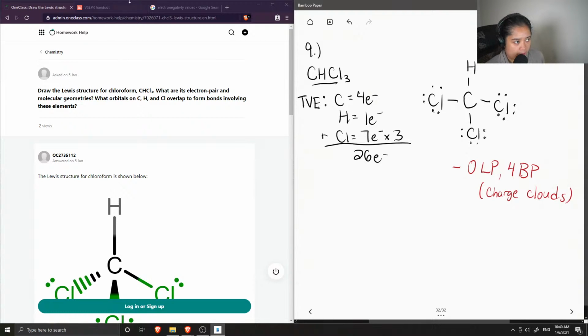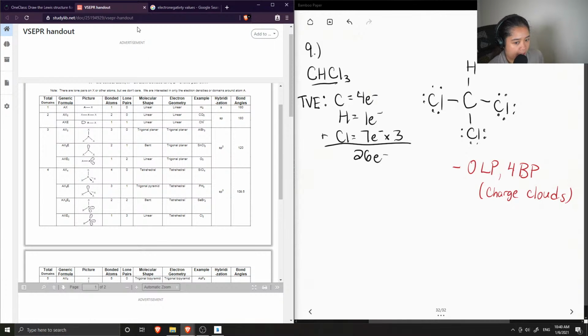So now let's look at a helpful VSEPR table and try to locate the structure of this molecule on the table. So when you have 0 lone pairs and 4 bonded atoms, this is a tetrahedral. So this is shown right here. So both the molecular shape and electron geometry is tetrahedral.